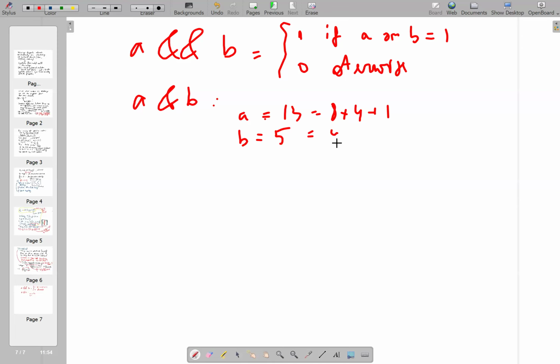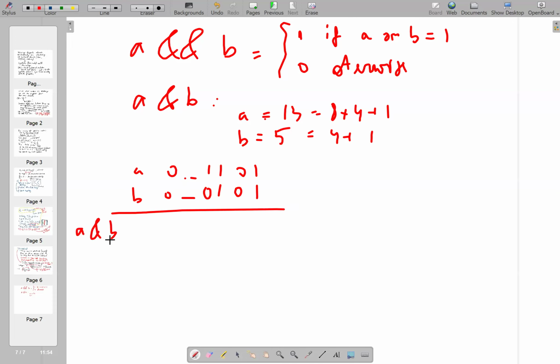B is 4 plus 1. Now A is all zeros until 1, 1, 0, 1. B is all zeros, 0, 1, 0, 1. And now goes bitwise AND. Now we take bitwise AND with all the bits separately, A and B. This is 1, this is 0, this is 1, this is 0, because 0 and 1 gives you 0, doesn't it? And all zeros, okay? So this is 5.